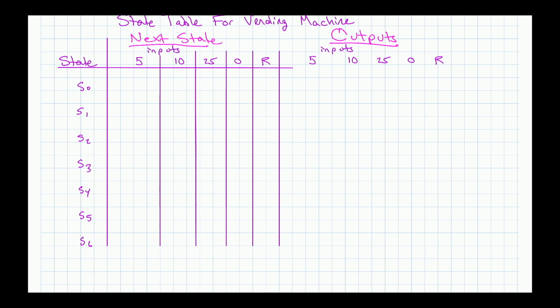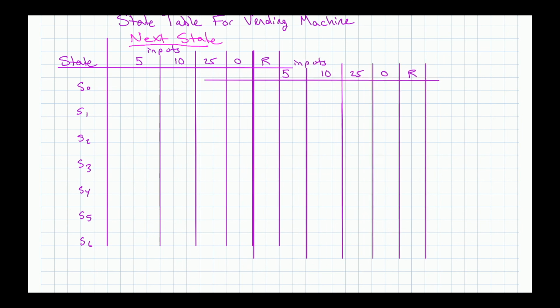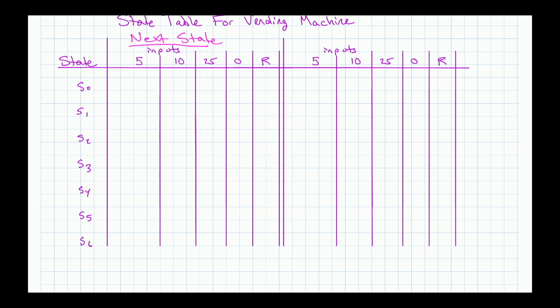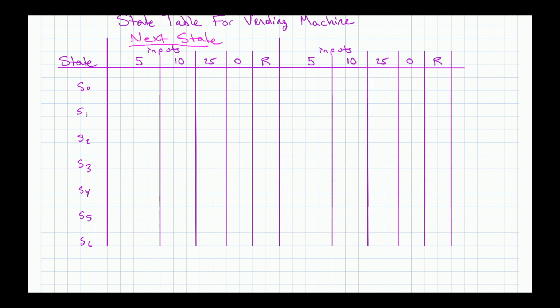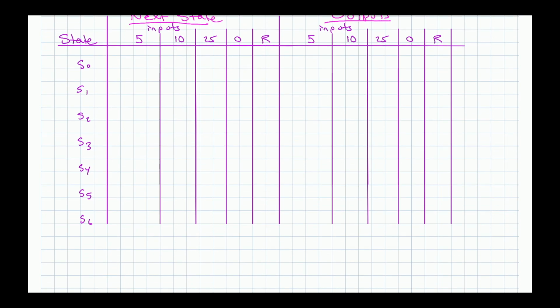How do I erase? All right. Yeah, sorry about that. This is taking me too long. Okay, good enough. Okay, so we got this, and let me just recopy this. This is for outputs. All right. So here we go.